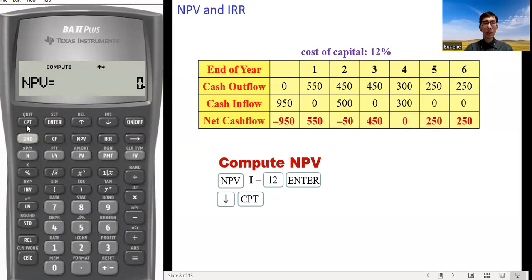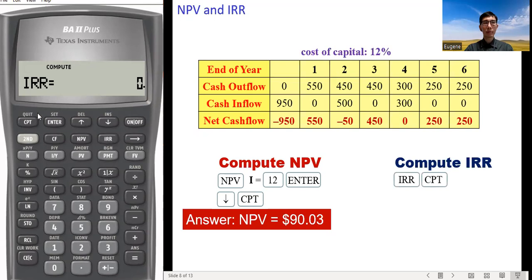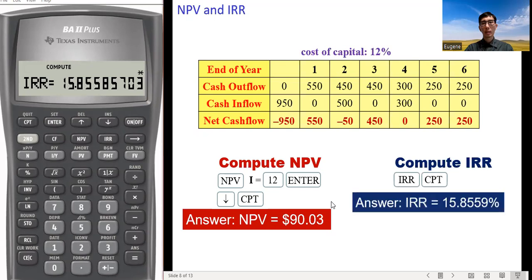Press the CPT button. We get the answer for the NPV, $90.03. To compute the IRR, press the IRR button and then compute, CPT. The internal rate of return is 15.8559%.